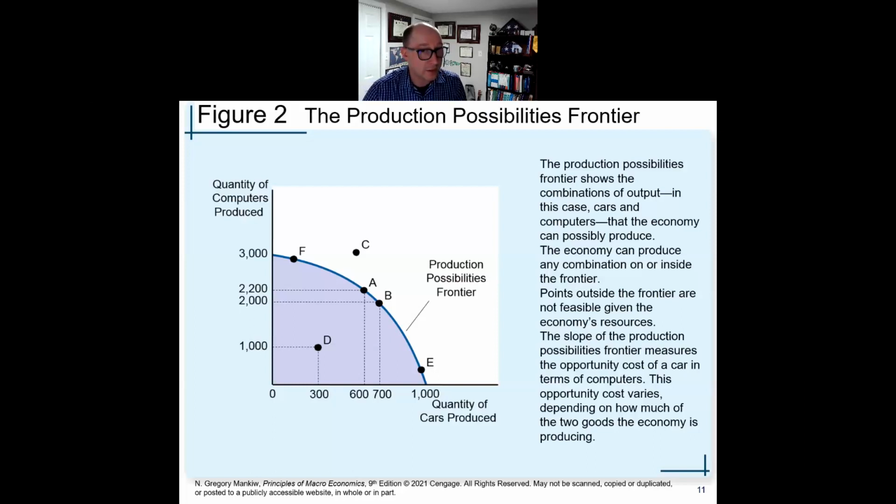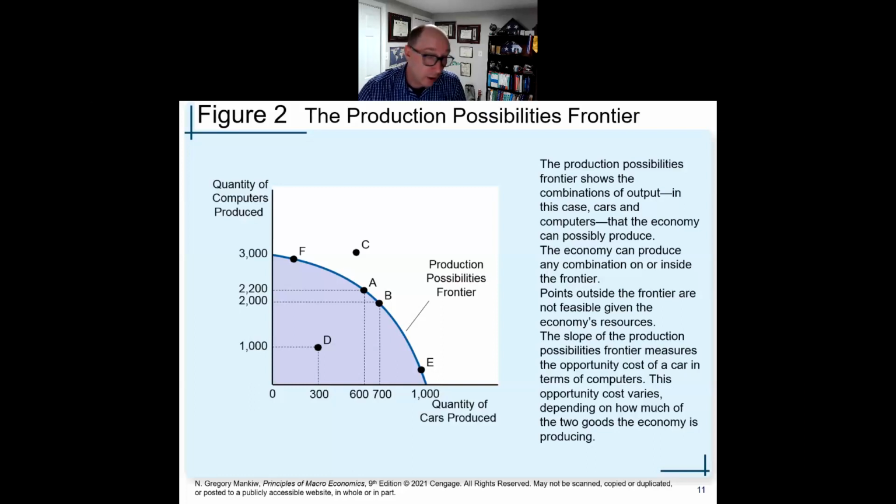What if they produced less computers? Well, that means they have the capacity to produce more cars. So if we drop by 200 computers, we can increase by 100 cars. So at point B, 2,000 computers, 700 cars.